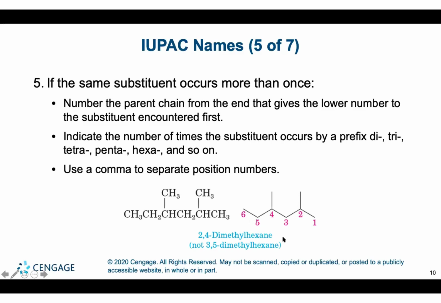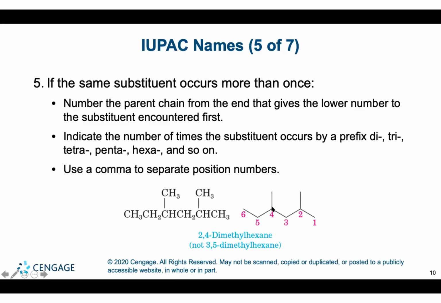So I have 6 carbons here. Hex, and it's an alkane, so it's going to be ane, hexane. So I have on carbon 2 a methyl group. I have on carbon 4 a methyl group.